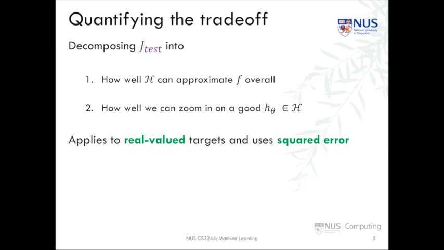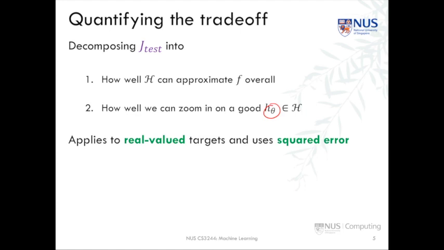We're going to look at how well the hypothesis set that we choose best approximates F overall on the training data, and how well we can find the correct optimal set of parameters theta when we are faced with the problem of generalizing on the target set.